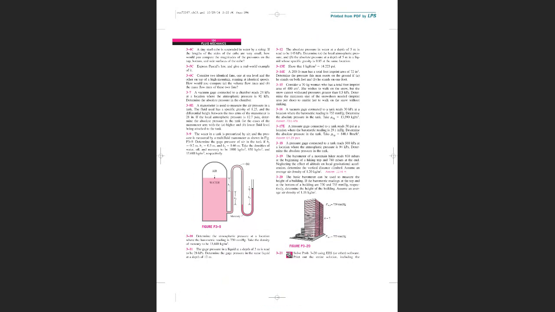Okay, let us move on. Question 3. It says a tiny steel cube is suspended in water by a string. If the length of the sides of the cube is very small, how would you compare the magnitude of the pressure on the top, bottom, and side? Well, this is straightforward.